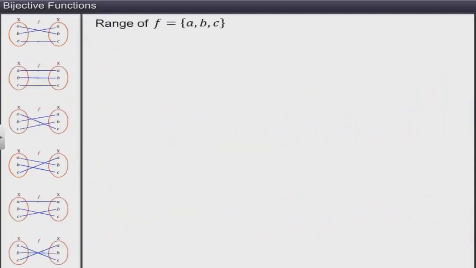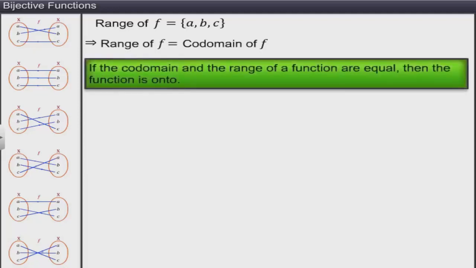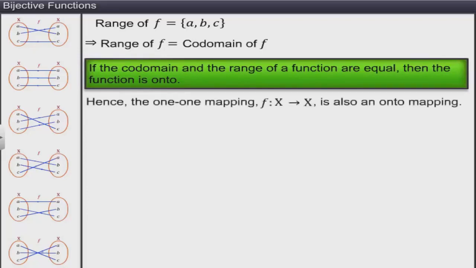So the range of function f has three elements, a, b, and c. This shows the range and the codomain of the function f are equal. Recall that if the codomain and the range of a function are equal, then the function is onto. Hence, the 1-1 mapping defined from X to X is also an onto mapping.